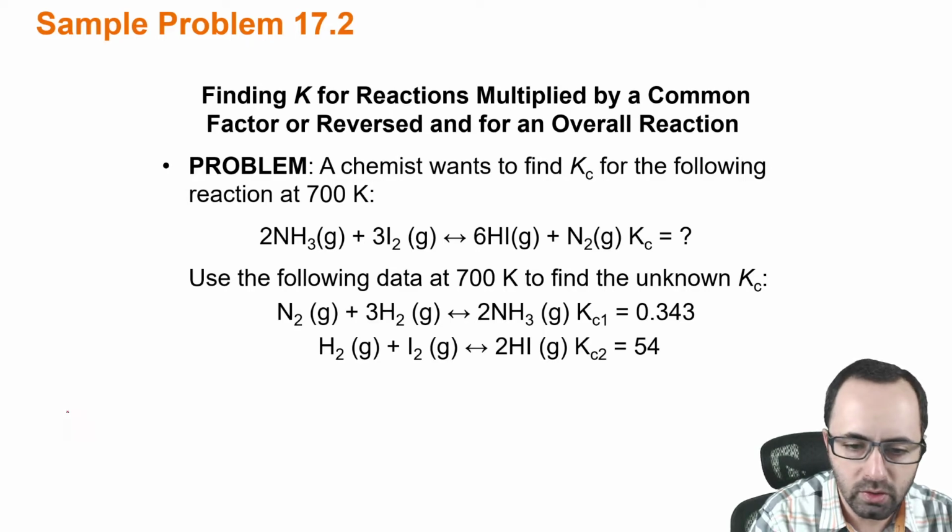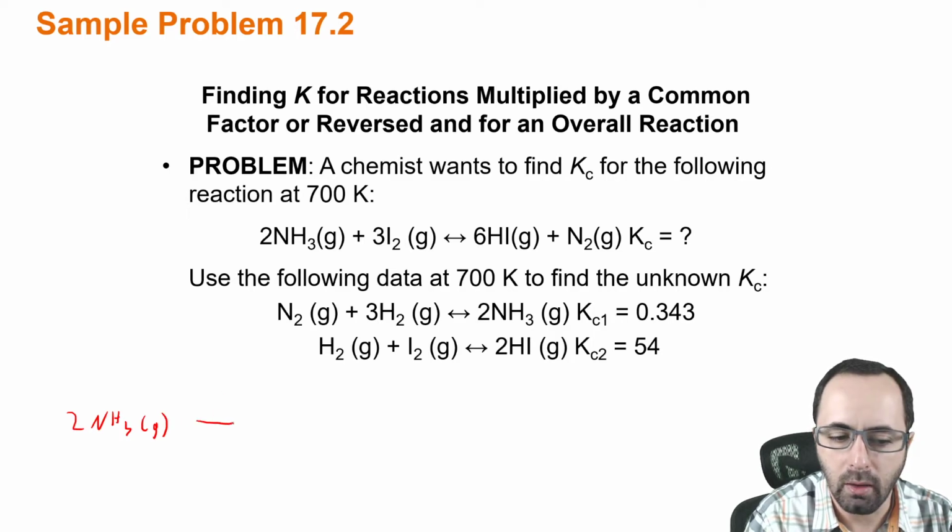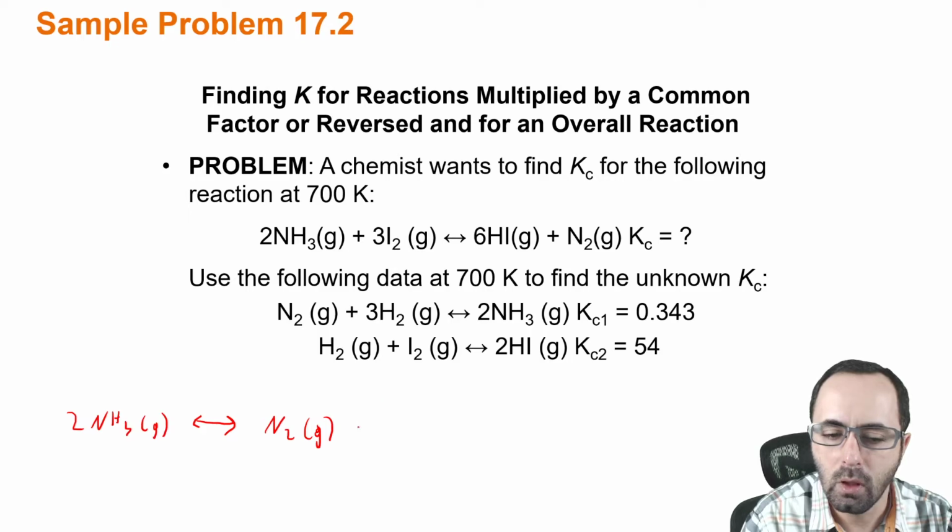So we're going to reverse it, and so we're going to put the two NH3s on the left, and then we're going to have our double arrow, and then we're going to have the N2 on the right, and then we're going to have the three H2s also on the right.